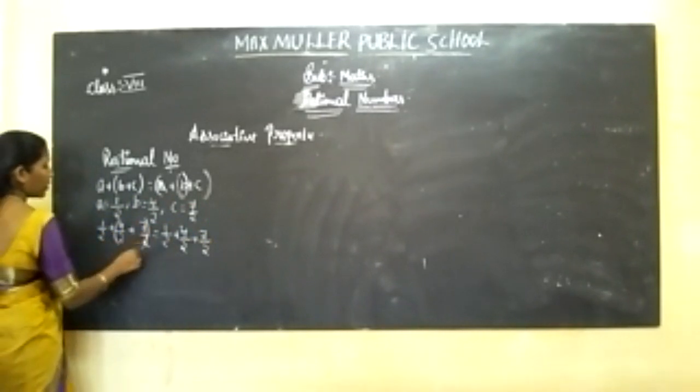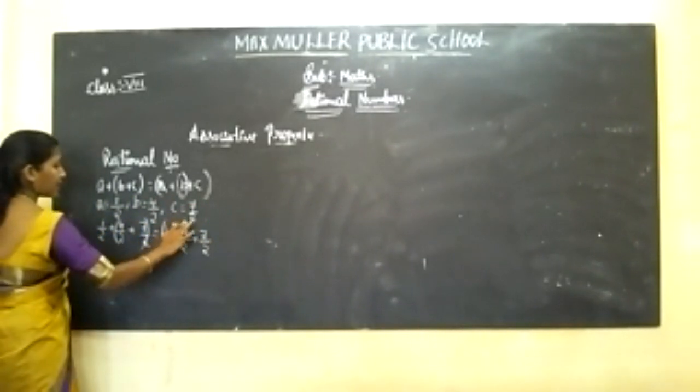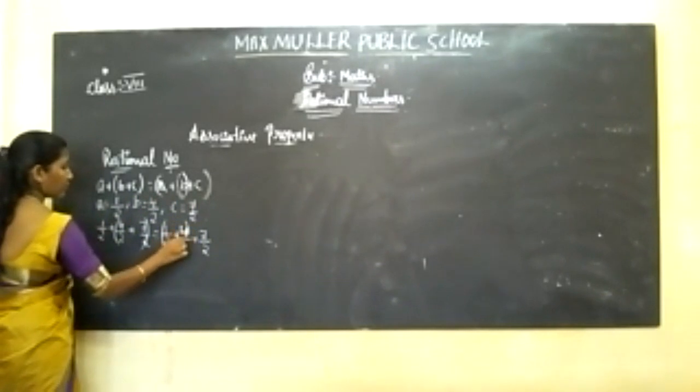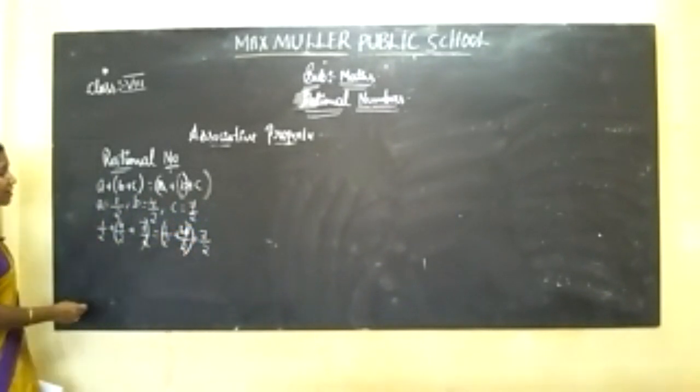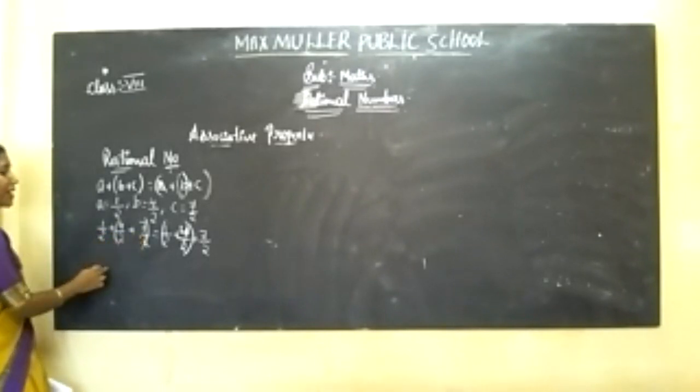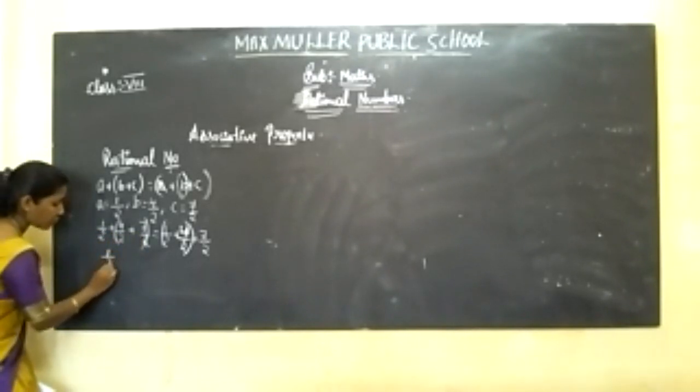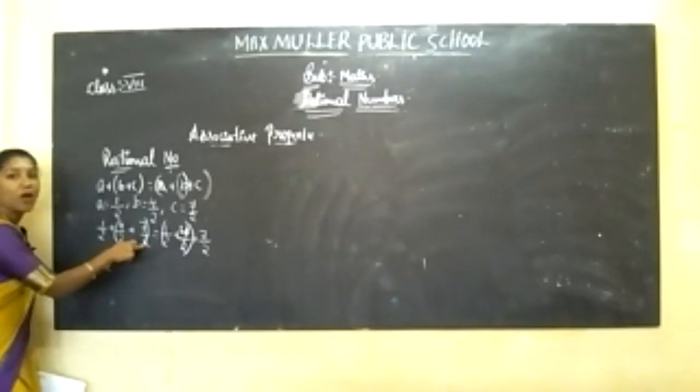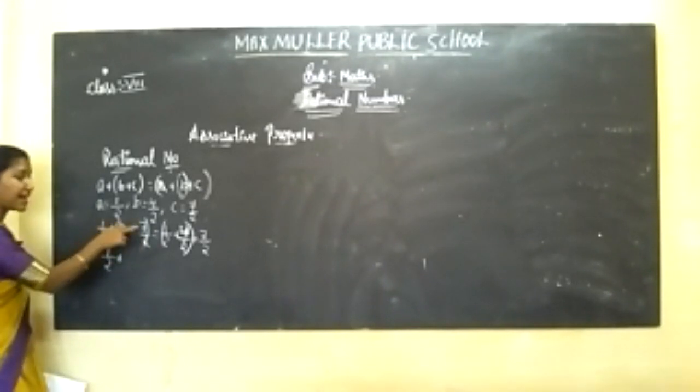So here you put the bracket, next you put the bracket here. Next what you will do here, 1 by 2 plus, both the denominators are same, so no need to take LCM, directly you can solve 7 plus 4.